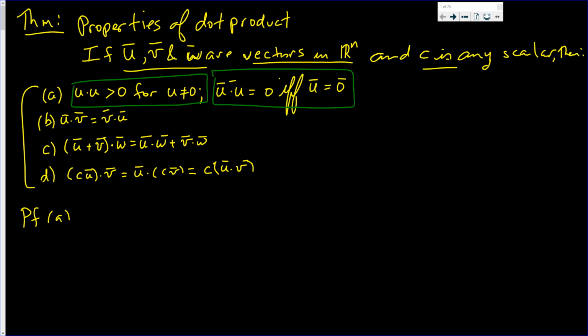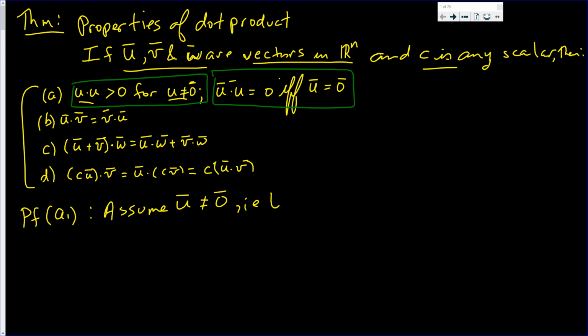So why don't we call this A1? The proof of A1. So I want to show that u dot u is positive whenever u is not 0. So we assume that u is not the 0 vector.